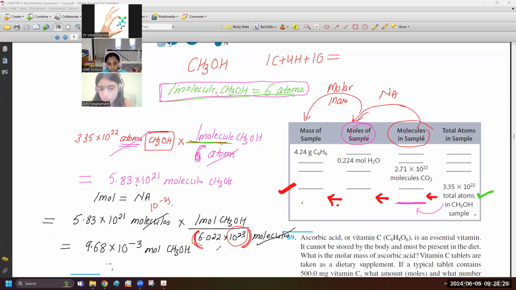I have a question. Yes, please. I got 3.35 times 10 to 22 atoms of CH3OH, multiplied by 1 molecule over 6 atoms. I got 5.58 times 10 to 21, not 5.83.